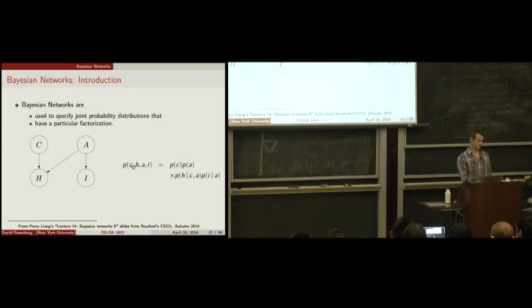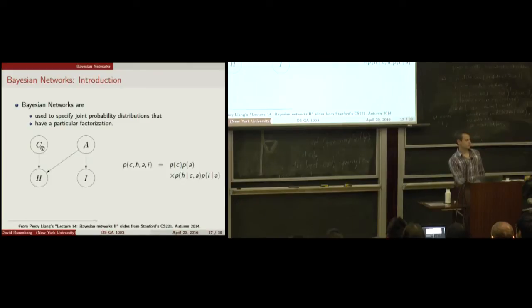So here is the joint distribution of C, H, A, and I, 4 variables. And it breaks up into pieces in a way that you'll learn in a second how to read from this graph. So any node that doesn't have any parents, a parent of a node being something that has an edge pointed to it. So the parents of H are C and A, great. And C has no parents.